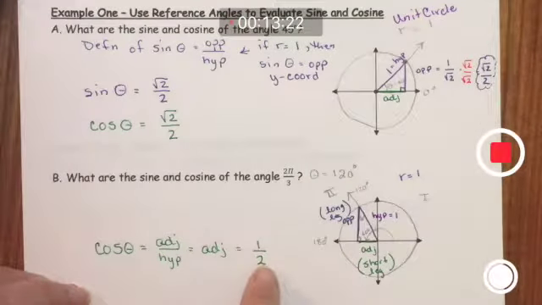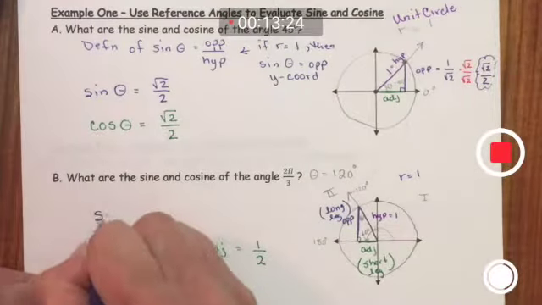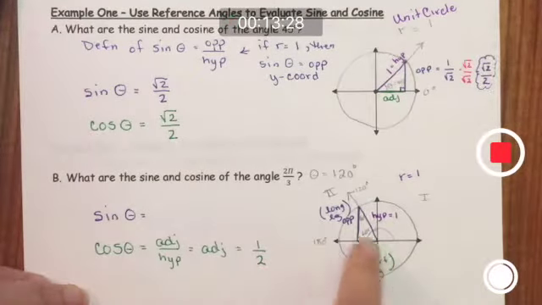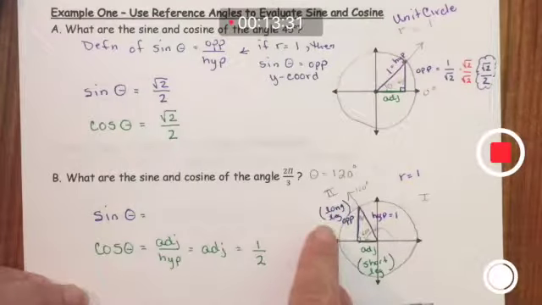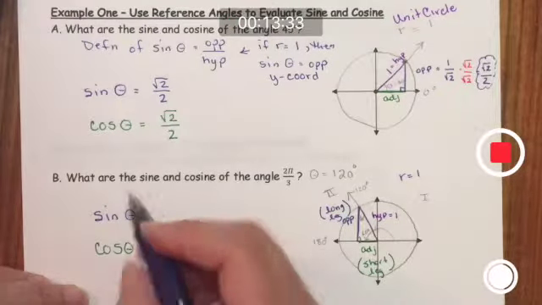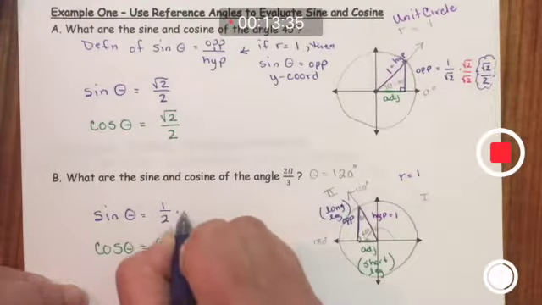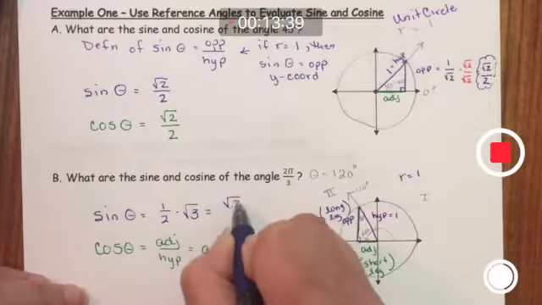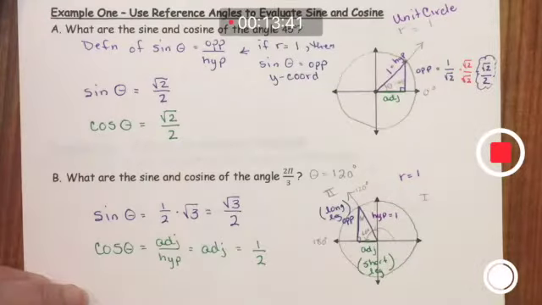And so we would always just take our short leg and multiply it by the square root of 3 to get the long leg. So this 1/2 times the square root of 3 would just end up looking like the square root of 3 over 2.